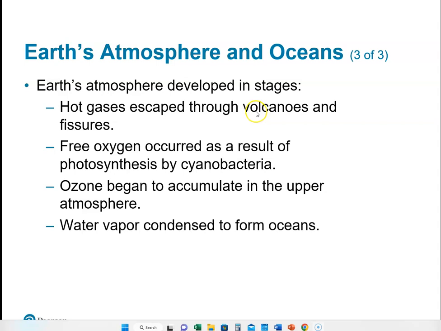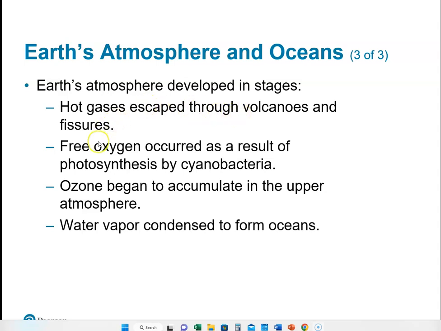But the primary things are water vapor, and then to a much lesser extent, carbon dioxide. And so that was the original atmosphere, just water and carbon dioxide for the most part. I mean, there are small traces of other things as well.